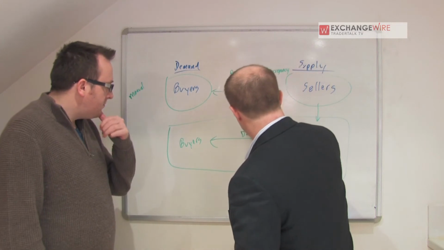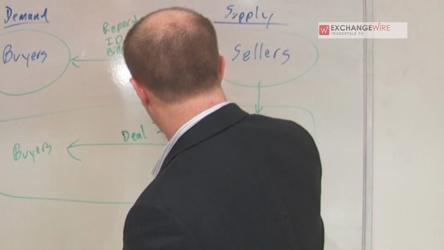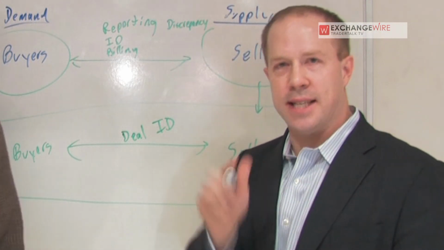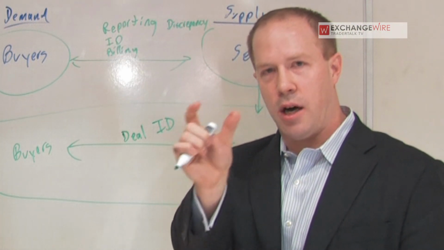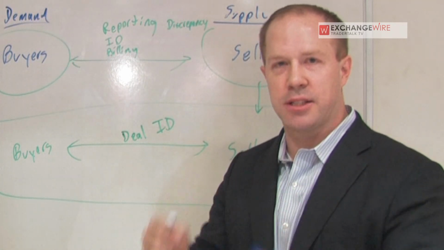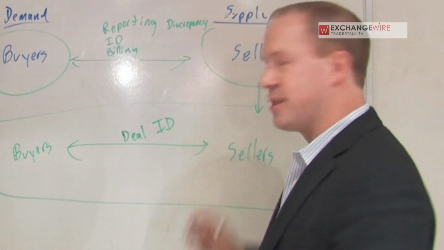Right? Enter the concept of the key, which is called the Deal ID. All the Deal ID does is act as a special key that on a bid request and bid response is passed between buyer and seller.